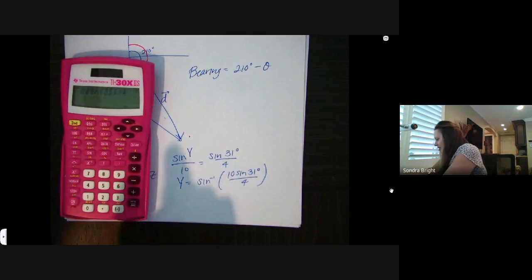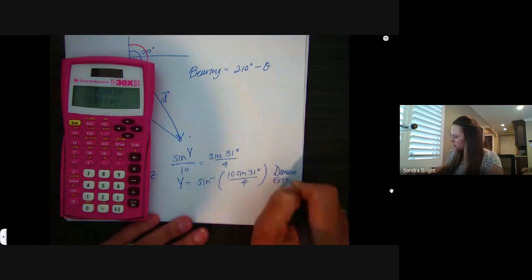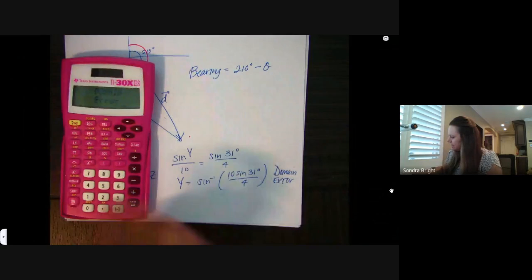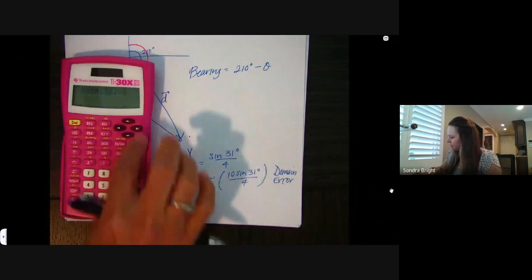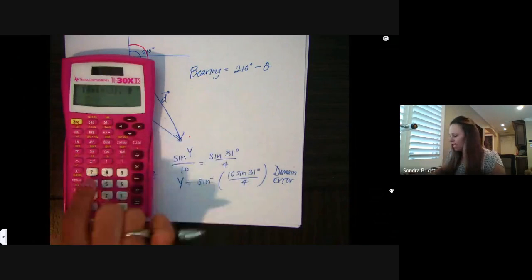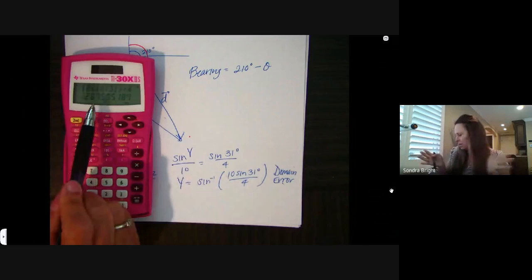All right. You may want to double check that you did it right, maybe plug it in one more time. But why did it give me domain error? Well, 10 sine of 31 divided by 4 is 1.28. And sine values are always between +1 and -1, never bigger.